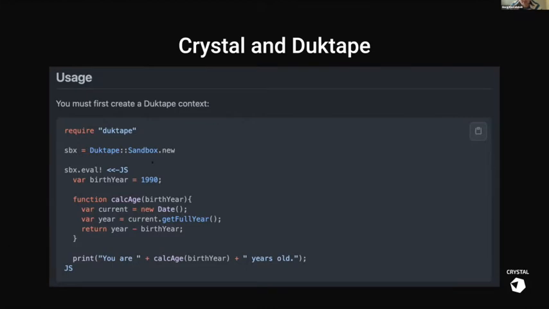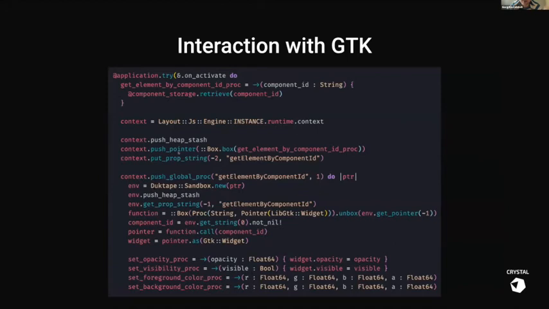You create a sandbox, you do your JavaScript thingy, you print whatever you want, and you can also add closures this way. You can push the pointer. Yeah, it's quite clustery, but it's okay. You box the proc, then you get the proc, unbox it, execute it, and etc. So it's a hard process, but it works quite fast.